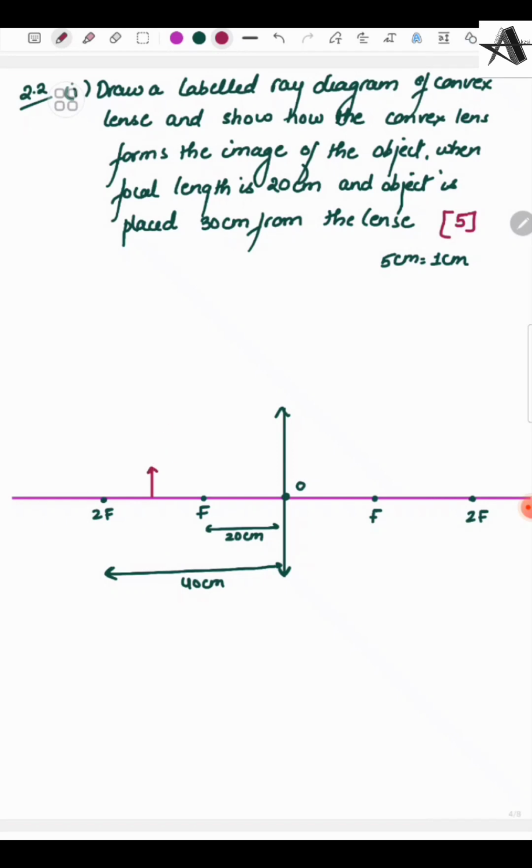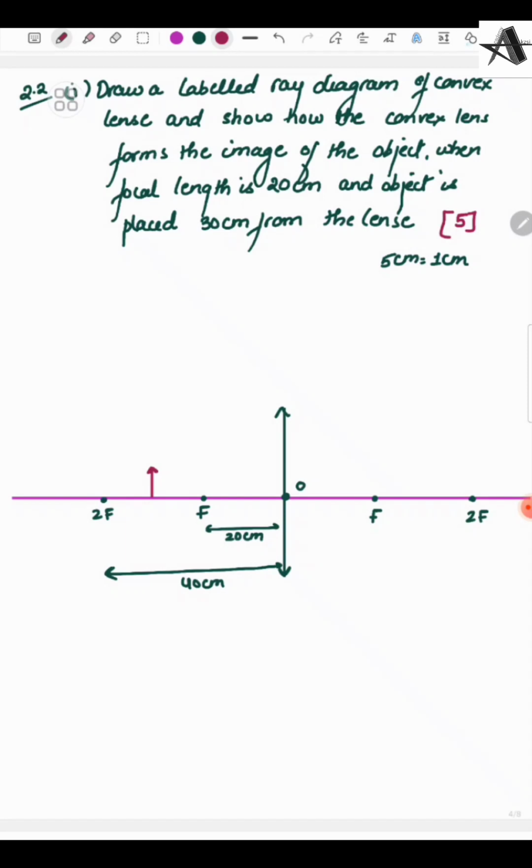Next is, because it's a converging lens, we have to draw 3 rays, but I would always suggest to go for 2 rays. And what two rays? Only these two rays, wherever is the location of the object, always draw these two lines and you'll get a perfect answer.